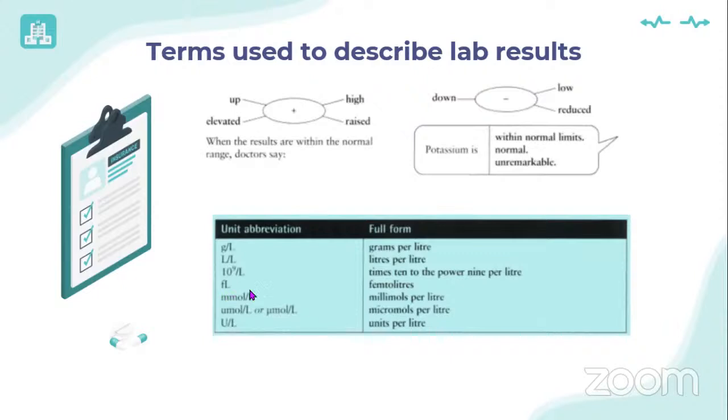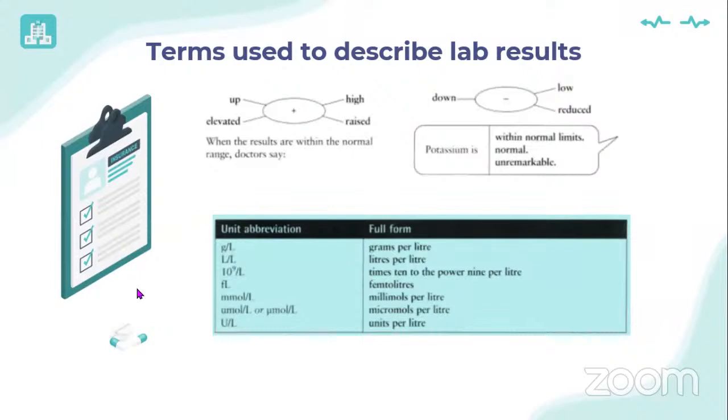We have the abbreviation FL, femtoliters, that I don't know in which cases we use, but maybe you know, and you will tell me later. We have this one, millimoles per liter. This one here, micromoles per liter, and U/L, units per liter.